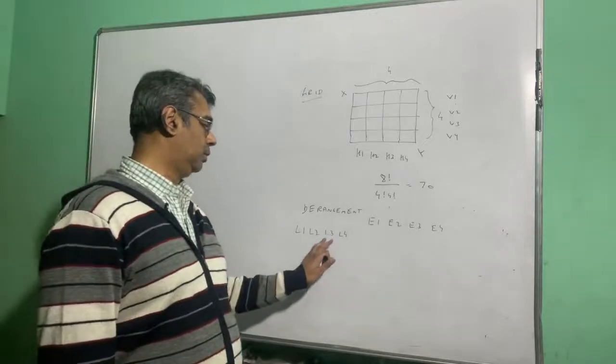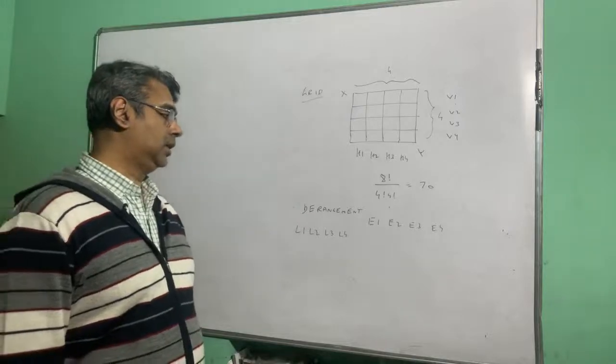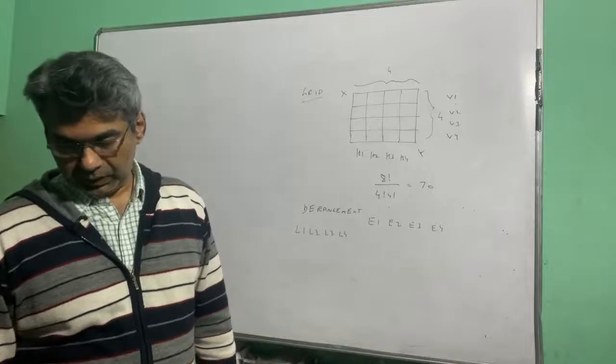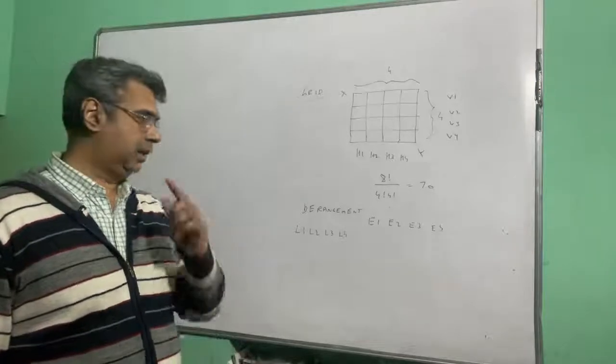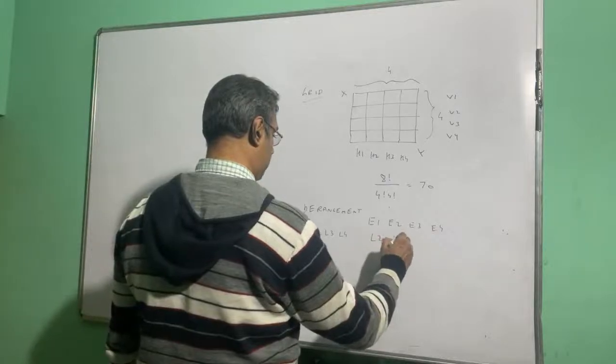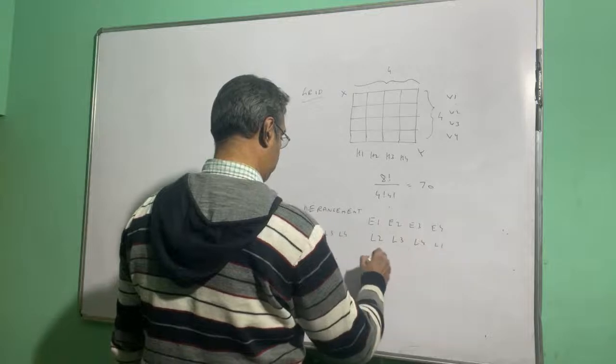You have to post these 4 letters in these 4 envelopes. But the condition is that it has to be completely deranged. That means the opposite of arranged. There should not be any arrangement. So if you put L2 here, L3 here, then this will be L4, L1.